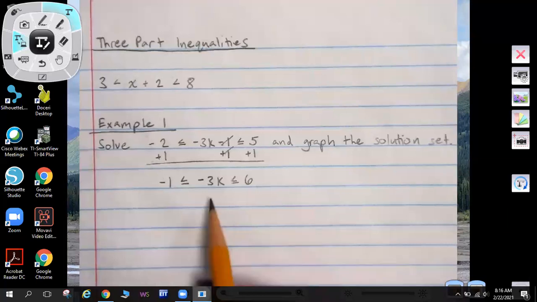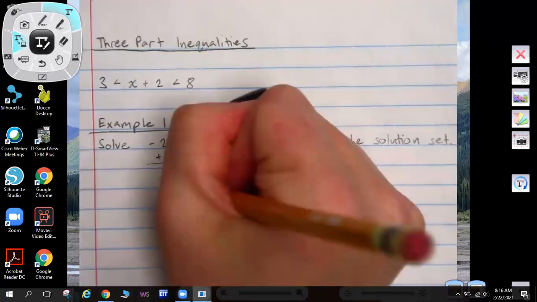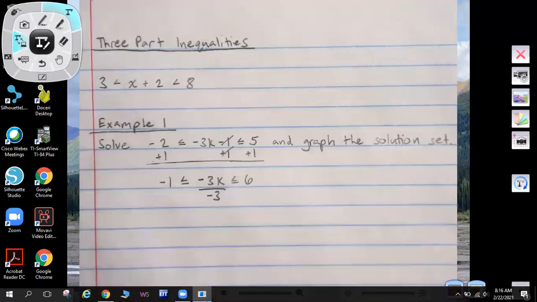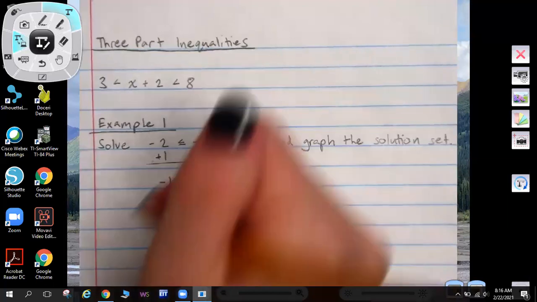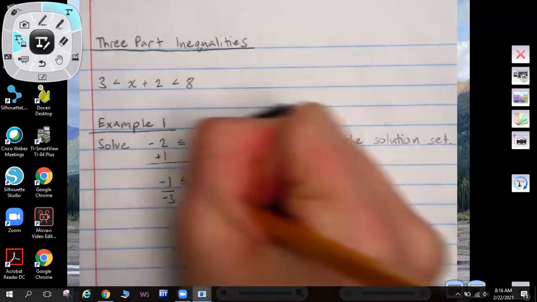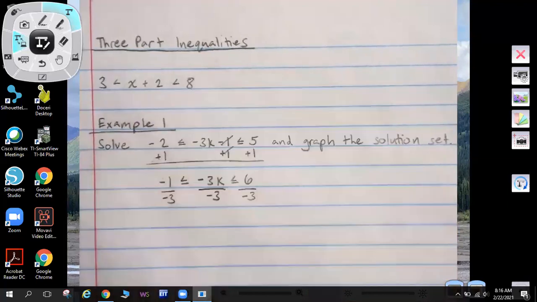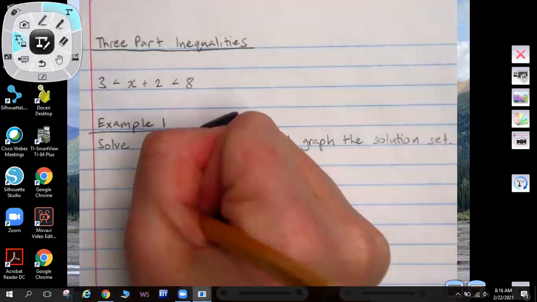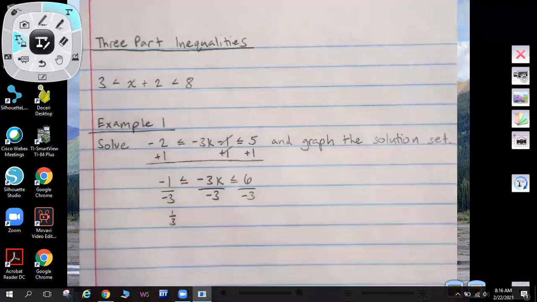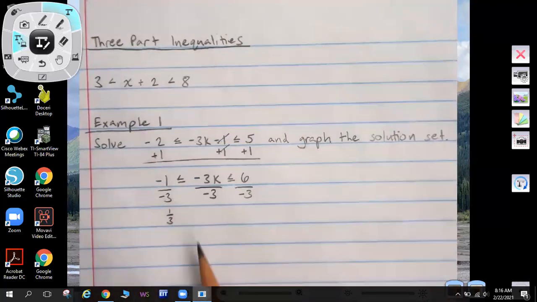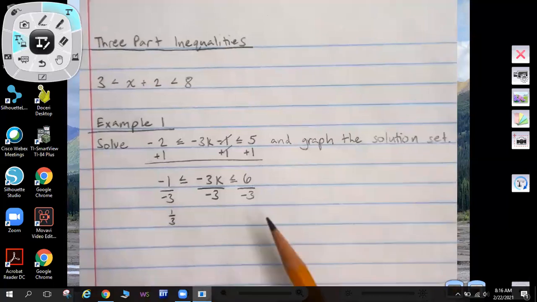Okay, so now to get k by itself, we need to divide by -3. When we do that, we have to divide all 3 parts by -3. -1 divided by -3 is just a positive 1/3. And then be careful with your signs here.